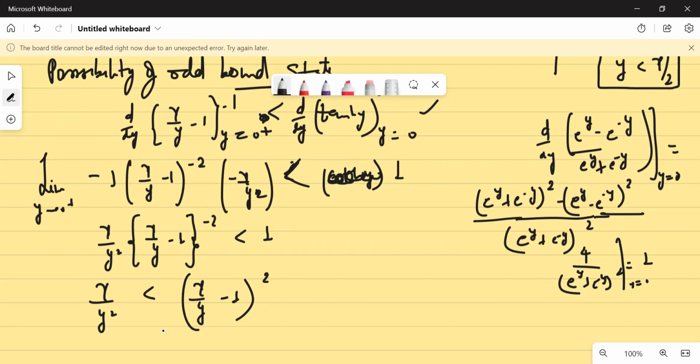And just try to take y on both sides. So this will give you (gamma minus y)^2 must be greater than gamma. Am I doing it right, or is there some mistake somewhere?